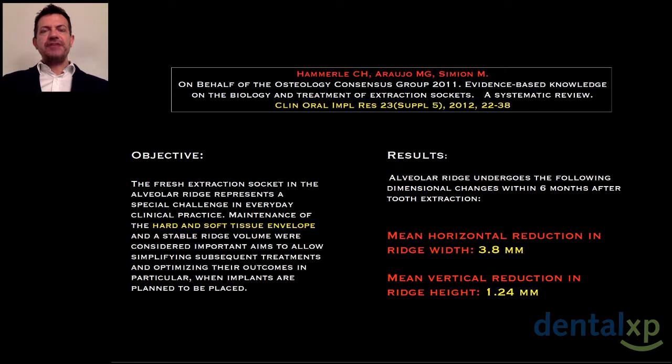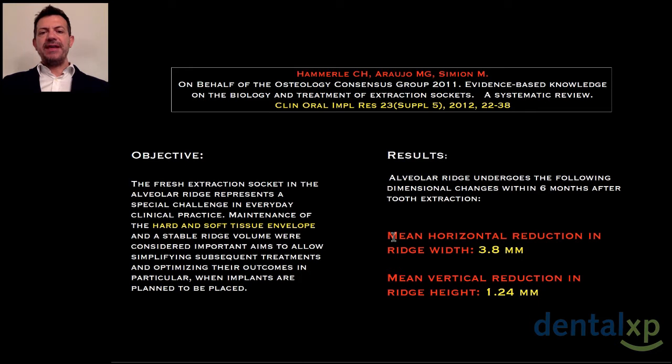In a consensus conference that was published in 2012 by Chris Hammerle, we can see that the alveolar ridge undergoes the following dimensional changes within 6 months after tooth extraction. These data are in humans, not from animal studies.